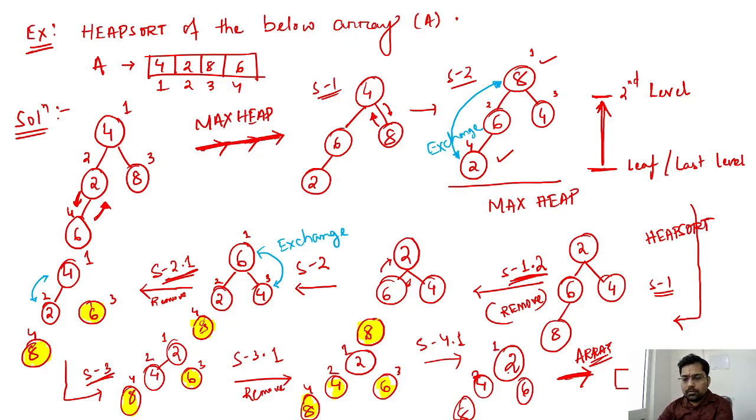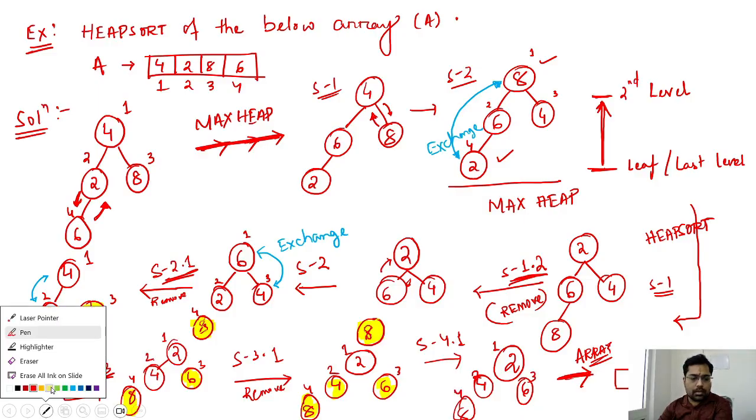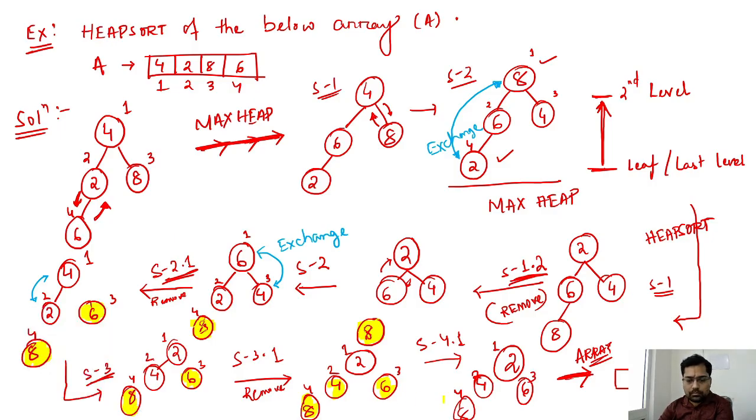Here 1, 2, 3, 4. I have to color it, means highlight it. So everything has already been deleted now. Remove, I colored like this. Okay, we have removed it.